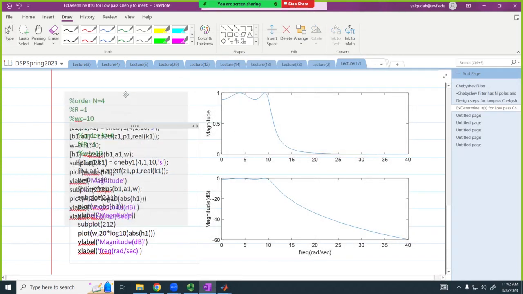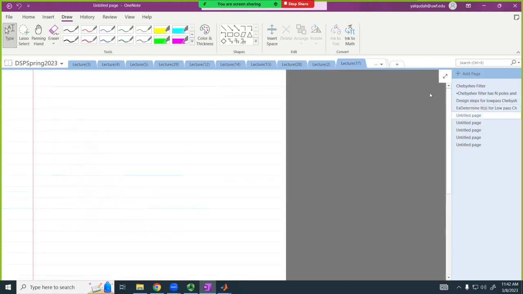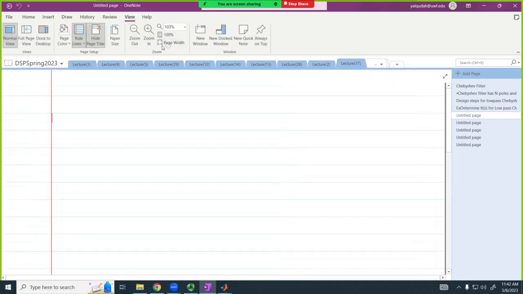Okay, great. So now we know how to design a Butterworth filter. We know how to design a Chebyshev filter. So let's look at the advantages of the Chebyshev filter.